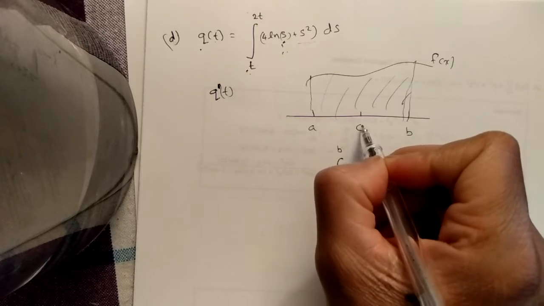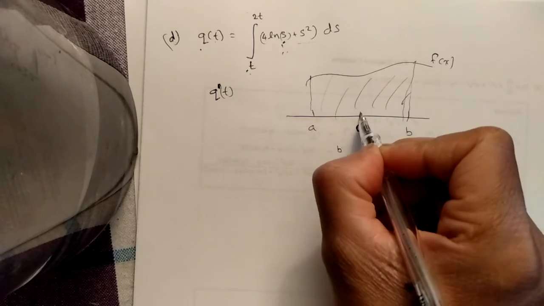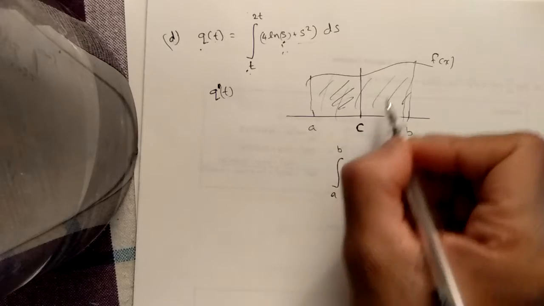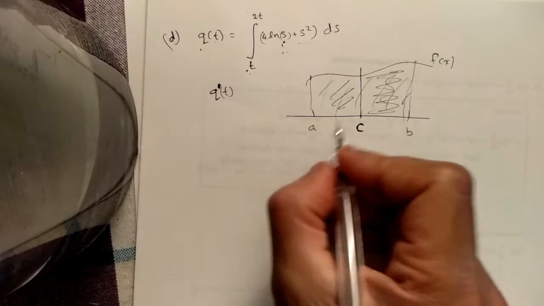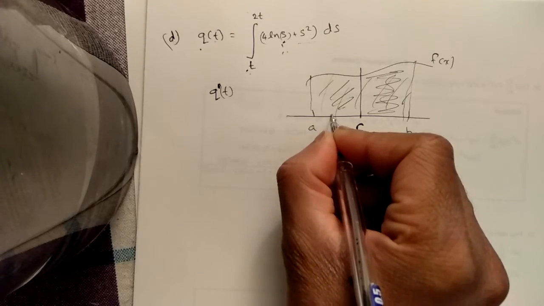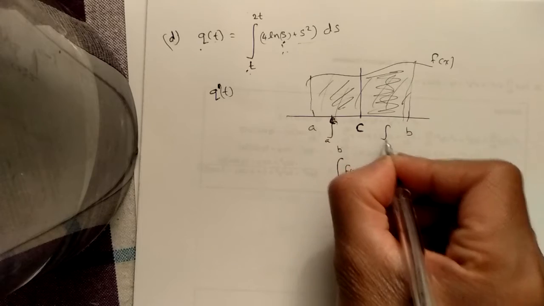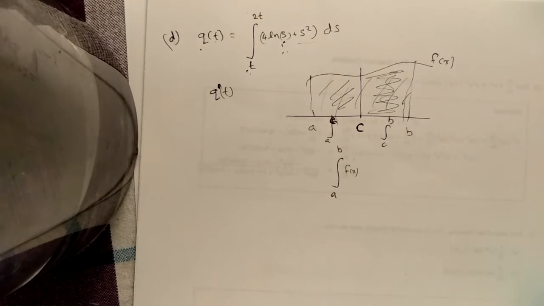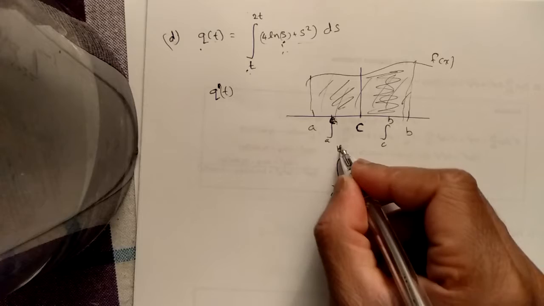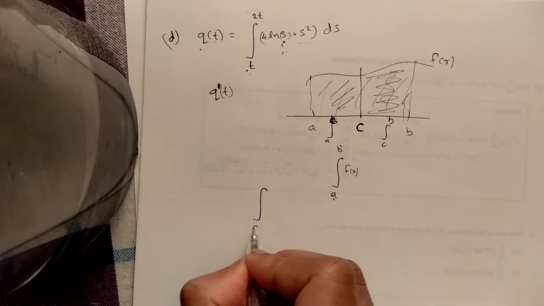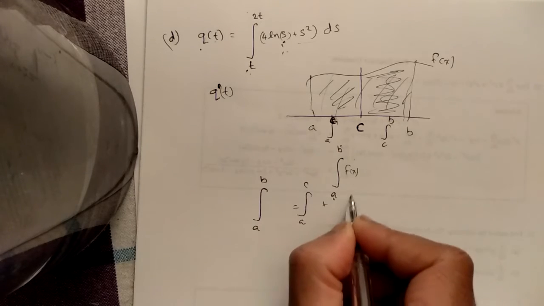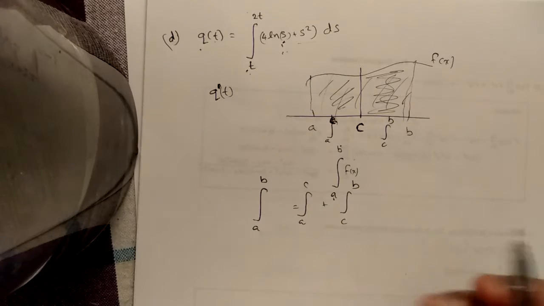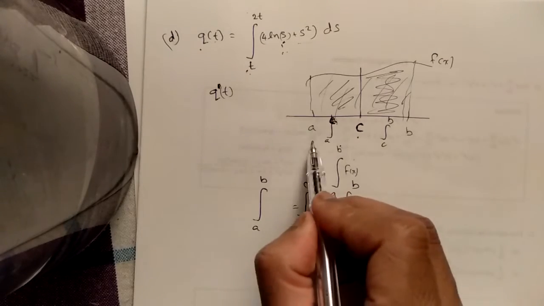So if we have c in the middle, we can even write the integral as the addition of the areas of these two separate regions. That means the area from A to C plus area from C to B will be equal to the area from A to B. That's basically the result we have, right? A to C plus C to B, right? But here C was in between A and B, right?